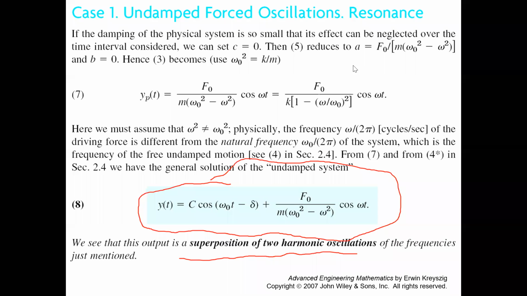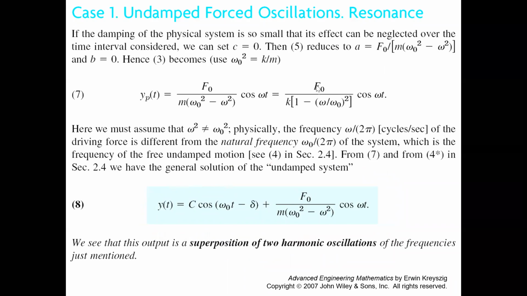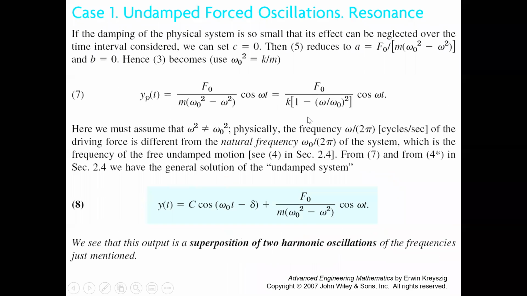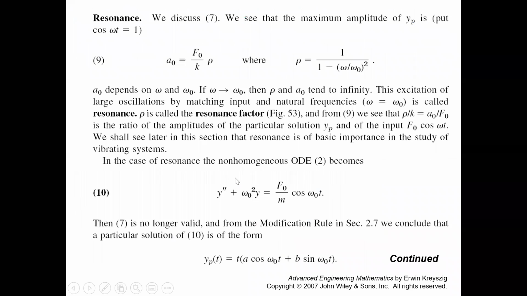Second case, if you have the resonance, this is very interesting. In the superposition of the two harmonic oscillations where they have a similar phase, they will somewhat form a joining of two waves together, a superposition.